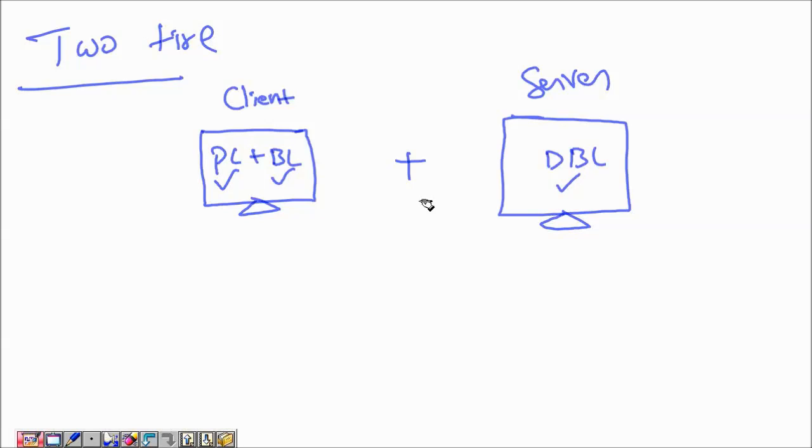When can we use this environment? Which applications do we develop in this environment? The first point: whenever an application is used within the organization only, and many clients, many users within the organization can use it.